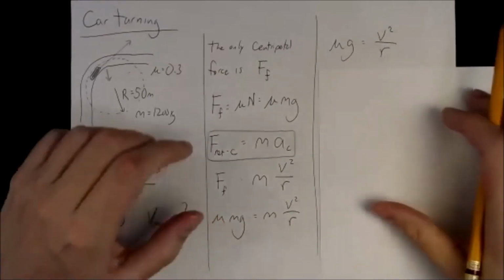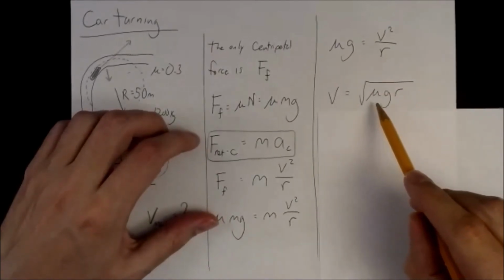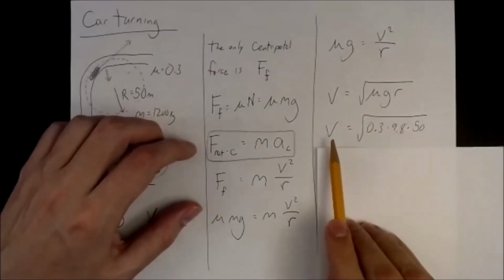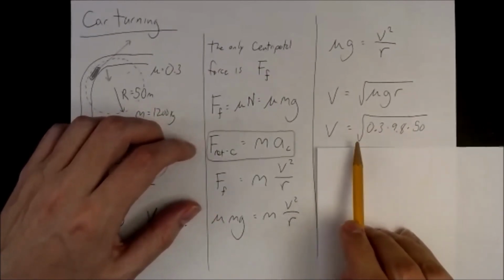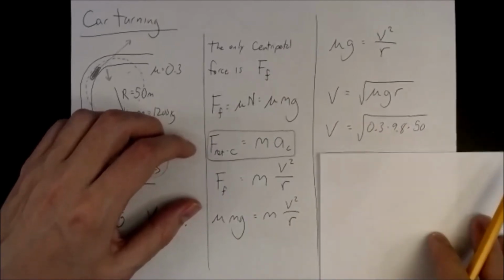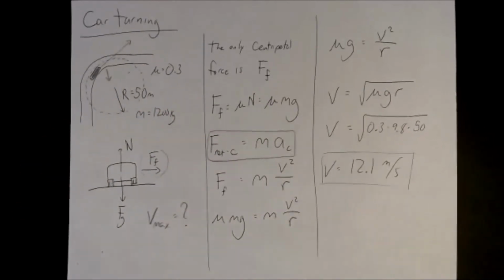Mu g is equal to v squared over r. We can solve for v, square root of mu g r, and we find the velocity that you can be going on this is equal to the square root of 0.3 times 9.8 times 50. And so we have our maximum velocity around this curve, 12.1 meters per second.